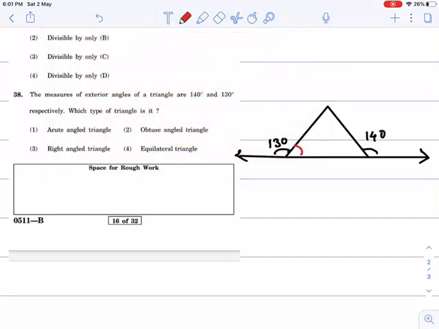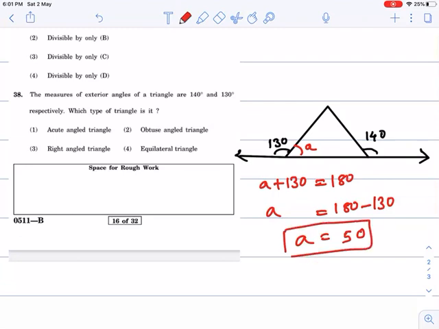If I write this angle as A, then A plus 130 is always a linear pair, so it is equal to 180. So A is equal to how much? 180 minus 130, so this will be 50. A you got 50.